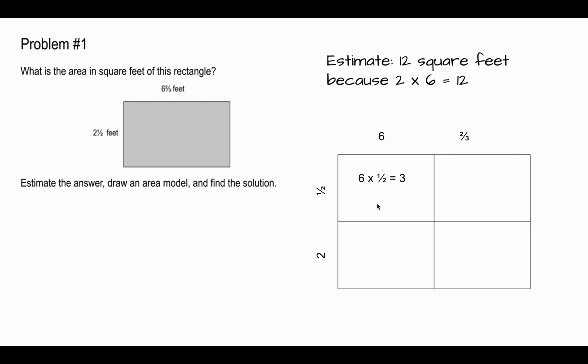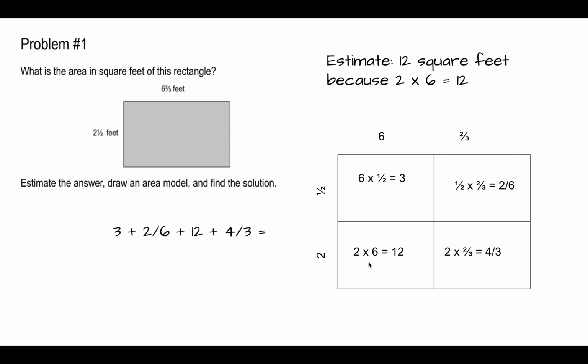Now I do 6 times 1/2 equals 3. And again, I can use my blocks or toy theater for this. Then I'll do 1/2 times 2/3 equals 2/6. I will do 2 times 2/3 equals 4/3.